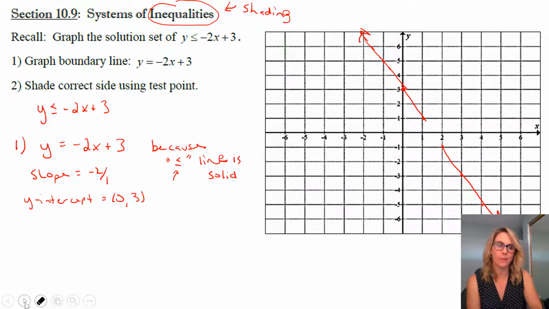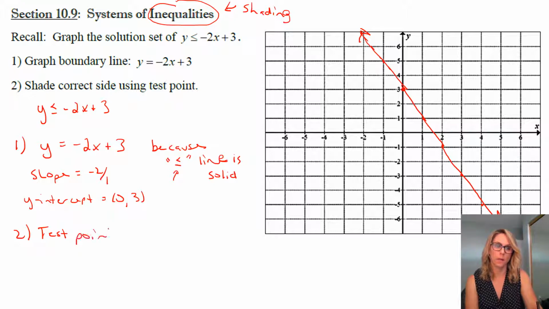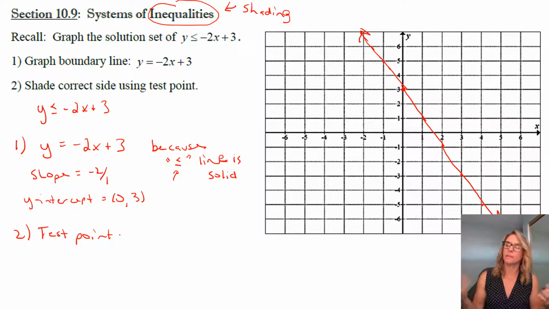So like I said, one side of this will be our solution and one side won't. And the way to find that is fairly straightforward. We do what's called a test point. So we pick a point, any point at all, on either side of that line. We put it in for x and y, and we say, does it make our inequality true or not?